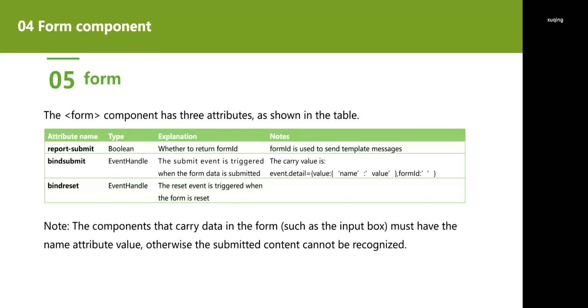Bind submit is an event triggered when the form data is submitted, and we have the carried value, event detail, shown here. The third attribute, bind reset, is also an event handler. The reset event is triggered when the form is reset.